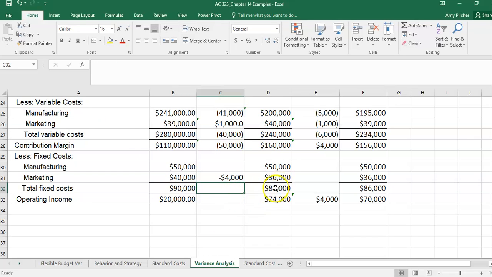So we have a $4,000 unfavorable variance in our total fixed costs. And all told, we have a $54,000 unfavorable variance in our operating income.